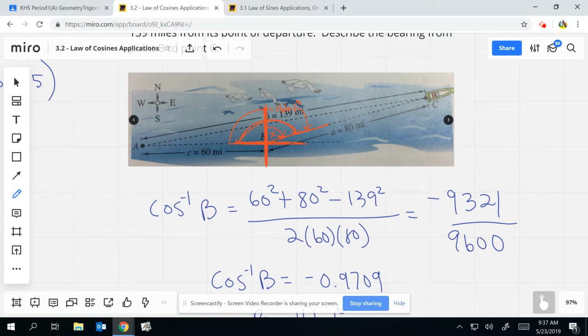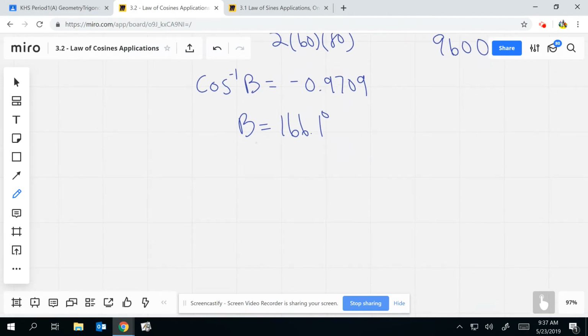I want to know from north, how many degrees am I going towards the east? So I need to subtract out this right angle, that 90, to see what's left over for my x. So I'm going to take my answer of 166.1 and subtract 90 degrees from it. And let's see what we get. 166.1 minus 90, you get 76.1.